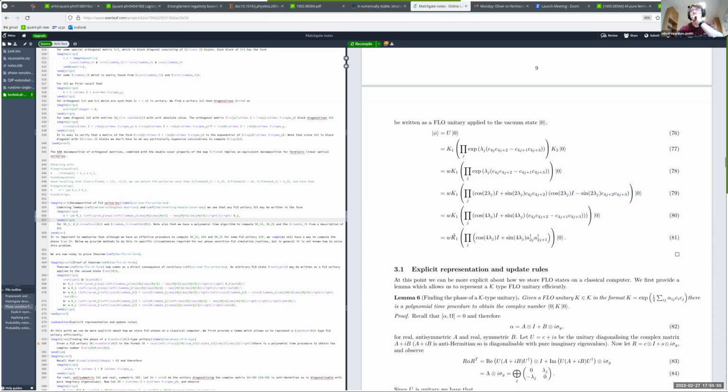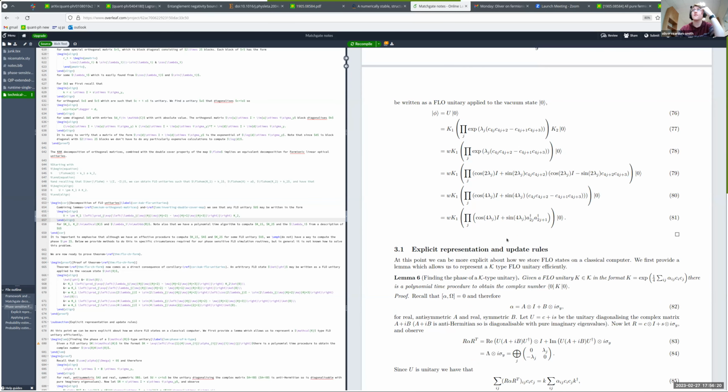If you apply an FLO unitary to a state in this form, which is passive, then the application rule is very simple. You just multiply the two cases together. If I apply an active FLO unitary to a state in this form, so a non-number-preserving one, things get more complicated.